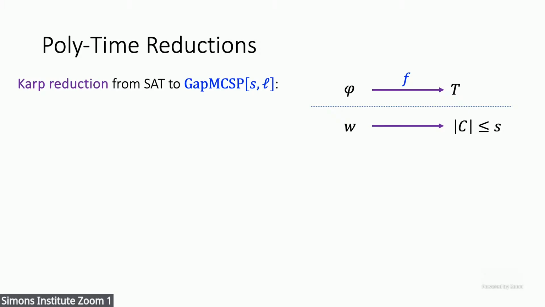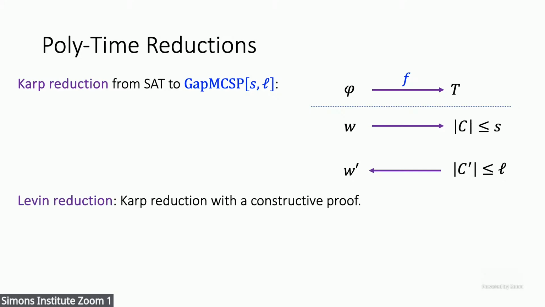And if we do not have a witness that satisfies this formula, there is no circuit of size L that computes this truth table. In other words, if there is a circuit of size L that computes this truth table, we have a witness that satisfies the formula. This is a Karp reduction. Levin reductions are Karp reductions with constructive proofs.